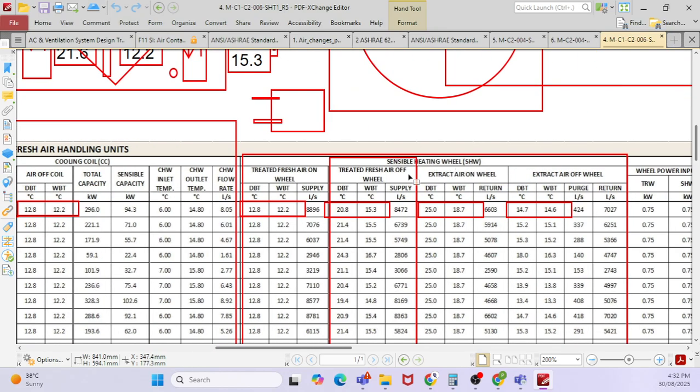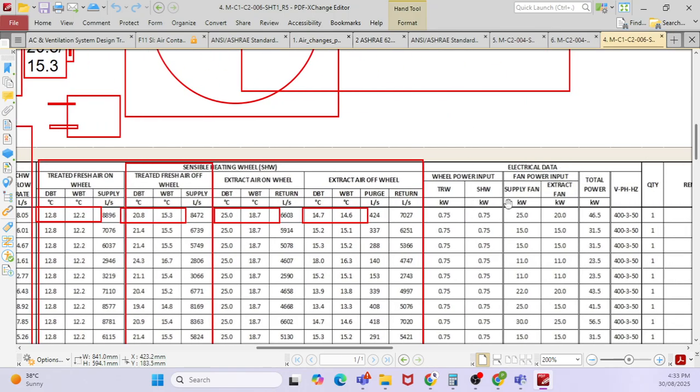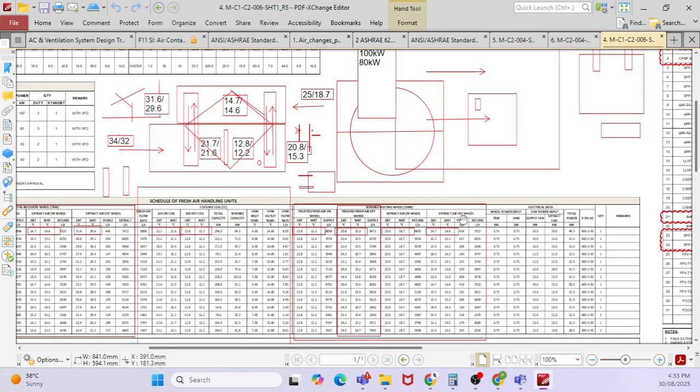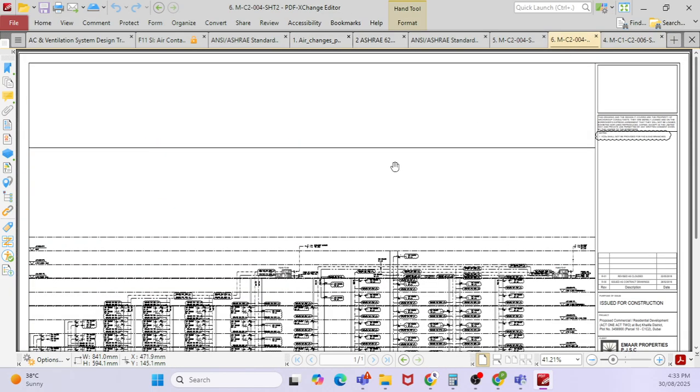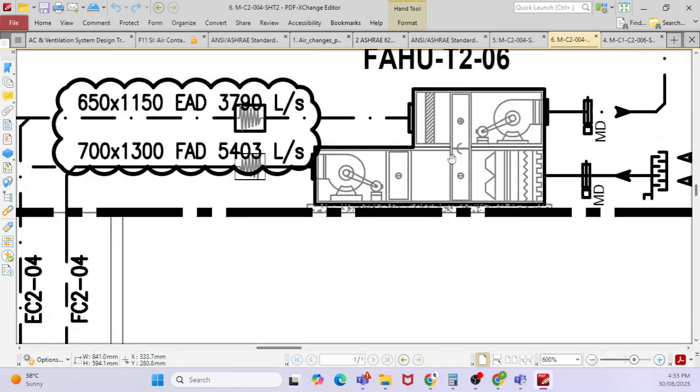Then you have a sensible heat wheel, with treated fresh air on wheel and off wheel, and exhaust on wheel and off wheel, and then some other electrical data. Whenever you see the fresh air handling unit which we have seen just now, there is a FAHU, then you have a supply fan, then you have an exhaust fan.